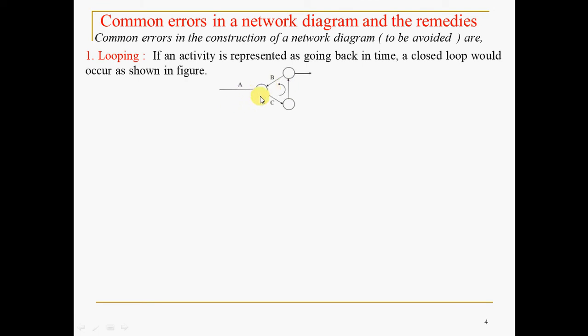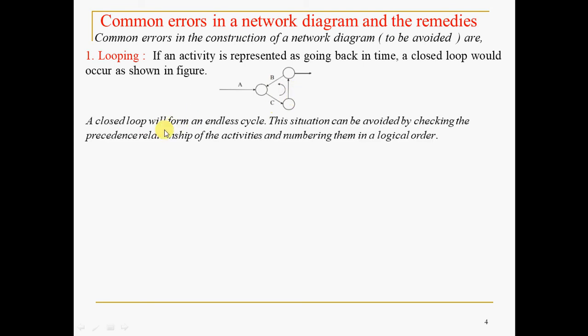So you are not supposed to draw the network like this. What is the error here is A, B, C. It is going to form a closed loop. This is to be avoided to the possible extent by using the suitable remedy.